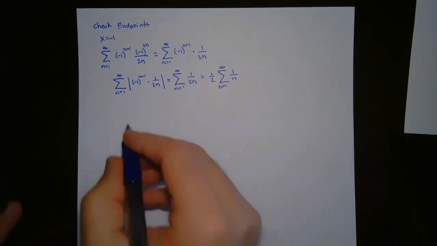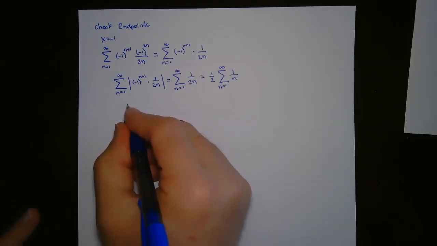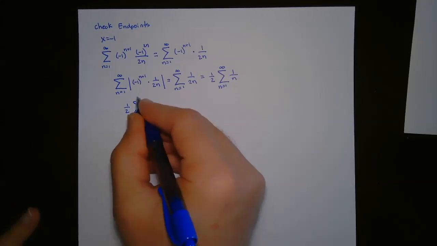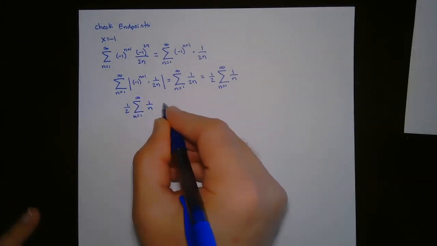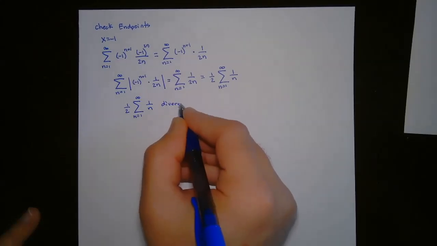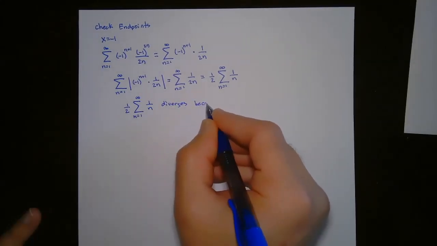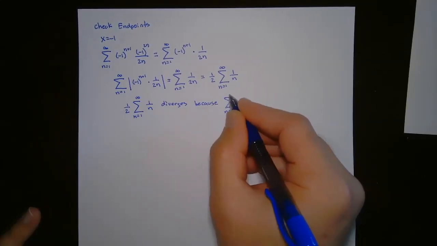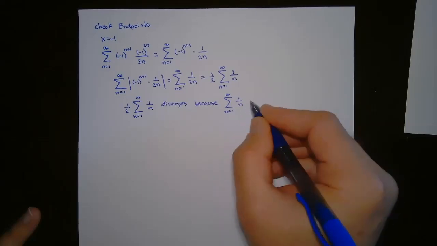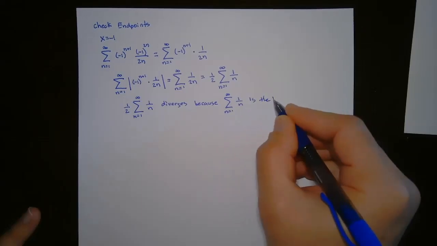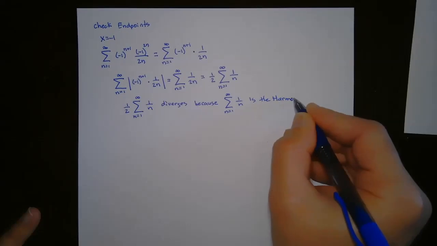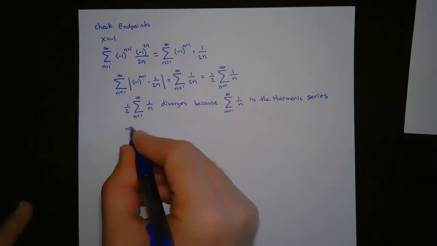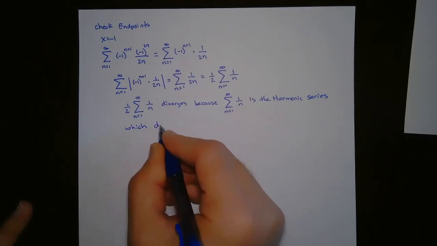Okay, so we would say that 1/2 sigma n equals 1 to infinity of 1 over n diverges, because the series sigma n equals 1 to infinity of 1 over n is the harmonic series, which diverges.